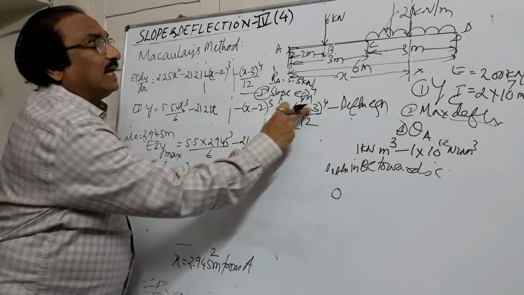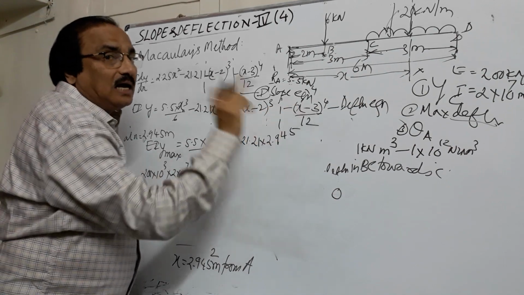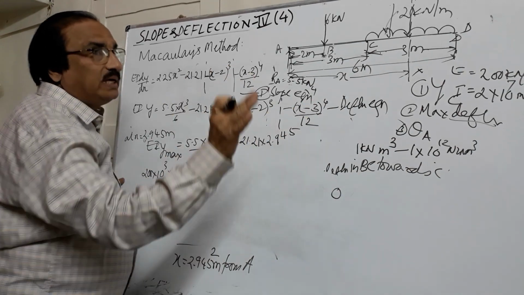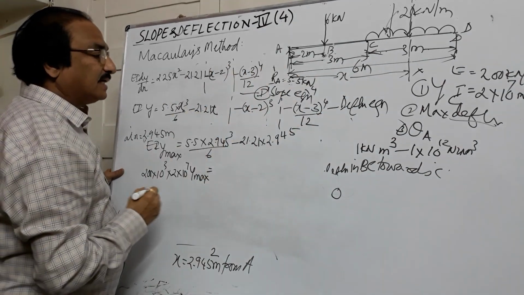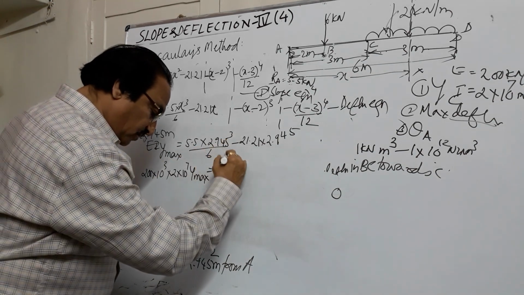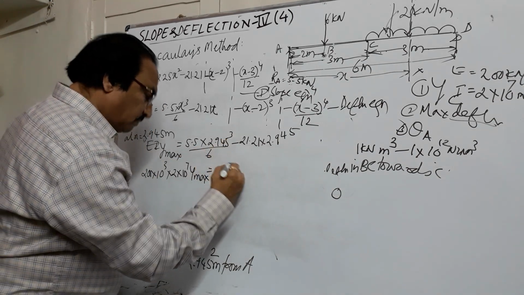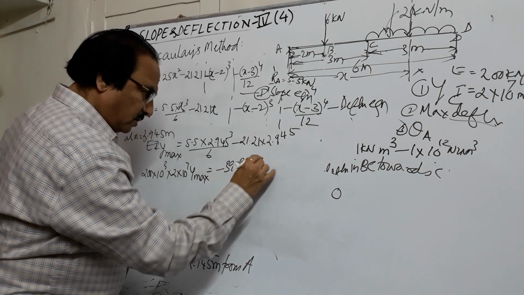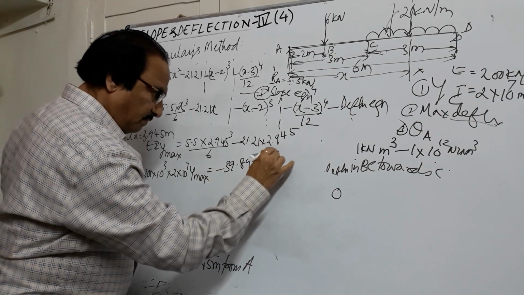If I substitute x here, I get a negative value, and as per Macaulay's method, negative values and higher power values are to be neglected. So that part is neglected here, we only restrict it to this point. So we get this value is equal to minus 39.894 kilonewton meter cube.